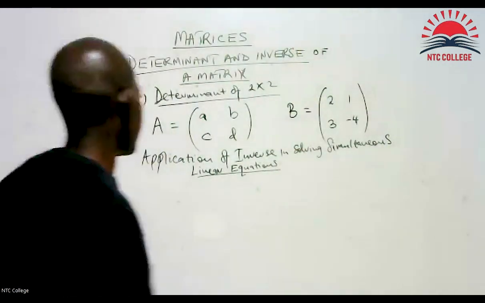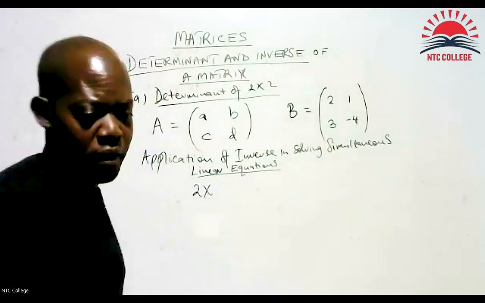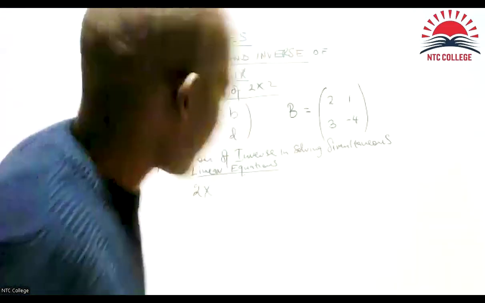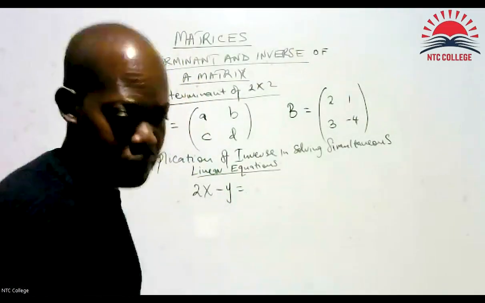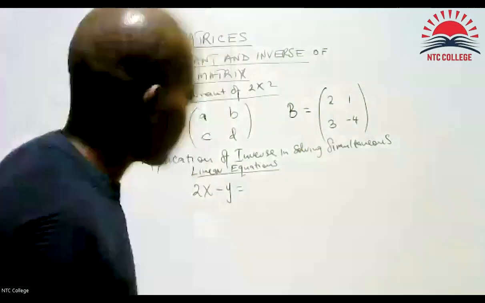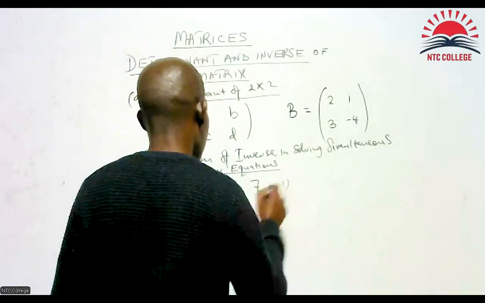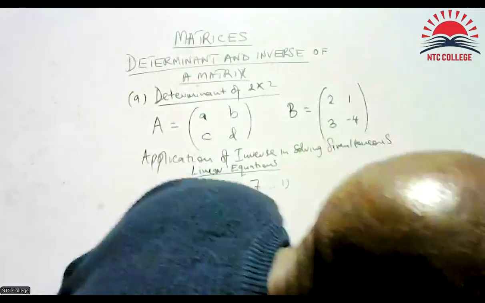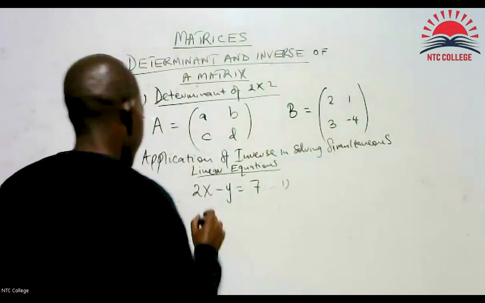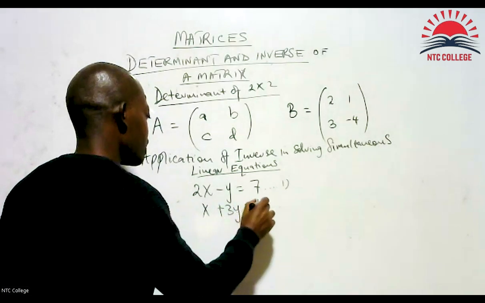So it states as follows: 2x minus y equals 7. And this is our first equation. And the second equation reads x plus 3y equals 14.